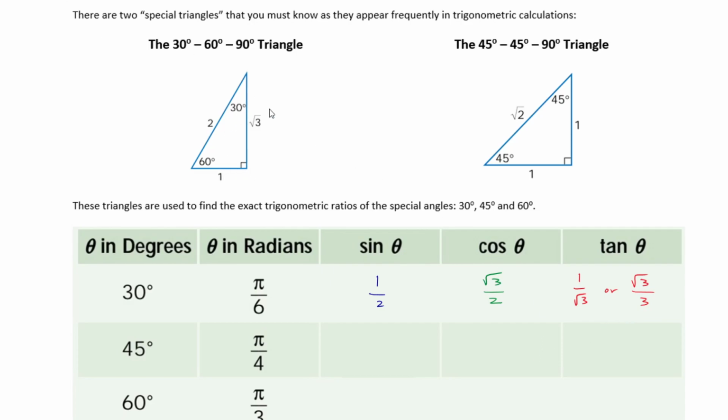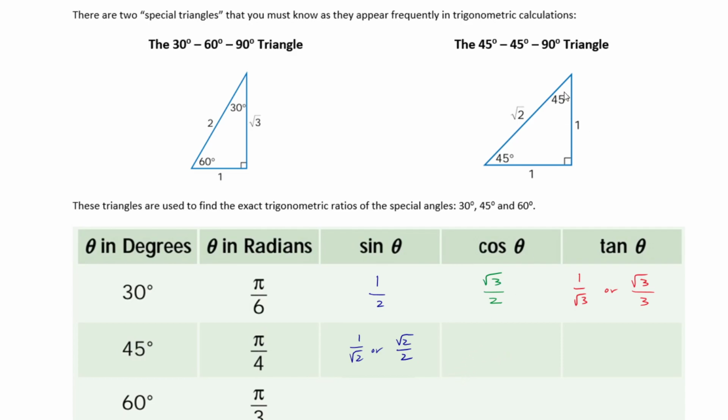Doing the same thing for the 45 degree angle, we would use the 45, 45, 90 triangle. So sine theta right there, and we could pick any one of these angles, it doesn't matter, it's going to result in the same ratio, is 1 over root 2, or with a rationalized denominator, root 2 over 2.